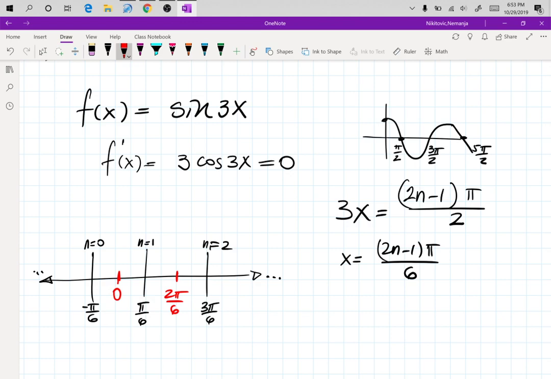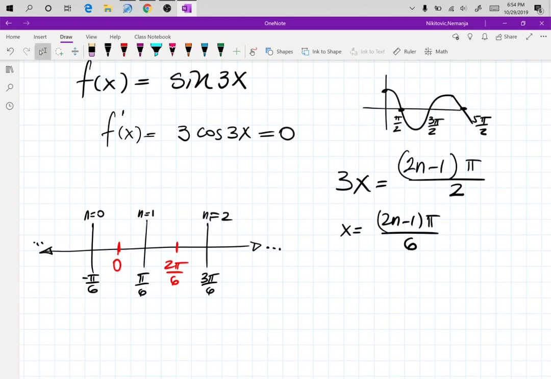So if you keep denominators the same, it's very easy to pick in-between numbers because you just look at the numerator. It would be a living nightmare for us to pick between pi over 6 and pi over 2. But when I have pi over 6 and 3 pi over 6, clearly 2 pi over 6 is in between. So if you are keeping your denominators all the same for trig, you will always be able to easily pick the middle value. Relatively speaking.